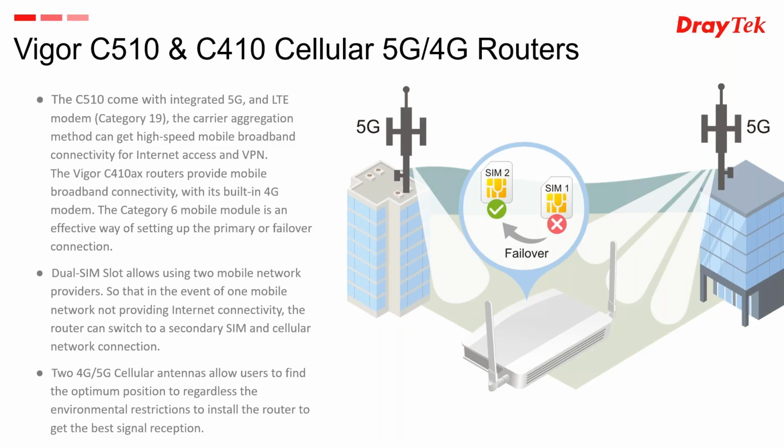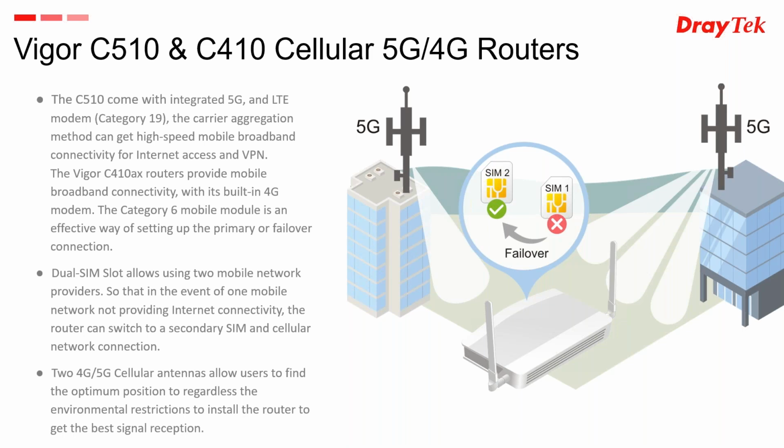So we say there is a category 19 option there, and we can benefit from all the features like carrier aggregation, and that would be perfect for fast connectivity and VPN as well. The Vigor C410 can handle Cat6 connectivity and it's 4G compatible. It also supports failover mode and can be used as primary or failover router.